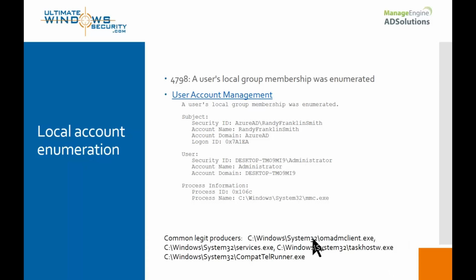But you would need to repeat this in your environment and see, okay, what are the common process names? I know these are legitimate processes. They're part of Windows, and in my environment, they regularly, or at least occasionally, generate this event, so that we can filter that out and just concentrate on the 4798s, which are unusual.